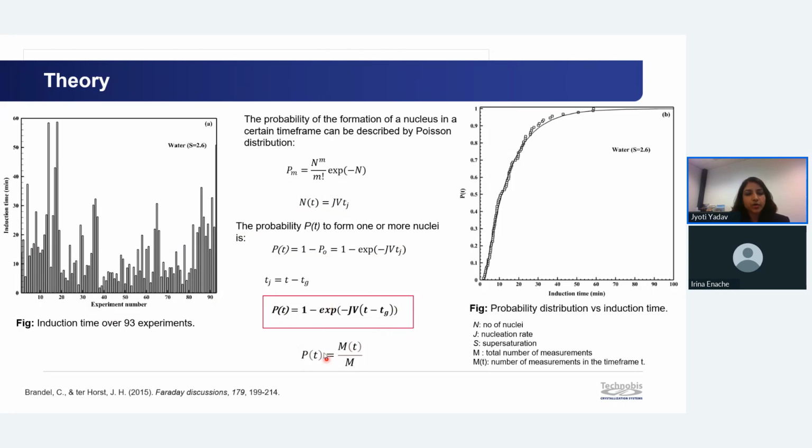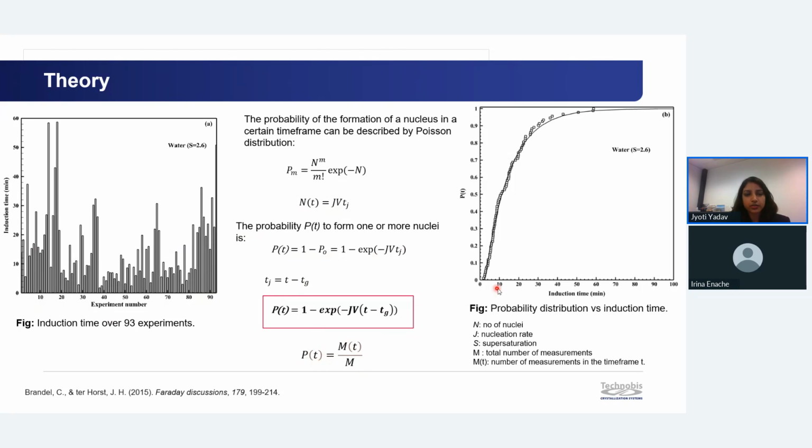Then experimentally, probability is calculated using this formula, where Nt is the number of measurements in the time frame T, and N is the total number of measurements. For example, if we have done 93 experiments, N is the total number of experiments, 93, and M corresponds to the probability we are calculating.